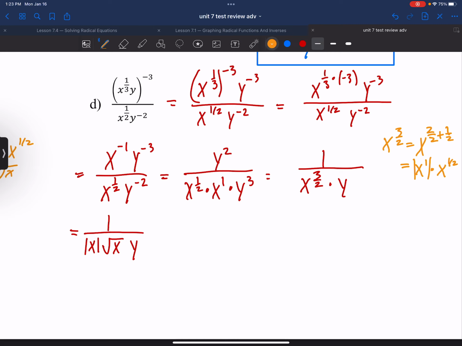Considering what I wrote in yellow over here, it's absolute value x root x. But if you want to rationalize the denominator, which maybe we do, I'll multiply by root x over root x, giving me, but then you have absolute value x times x.